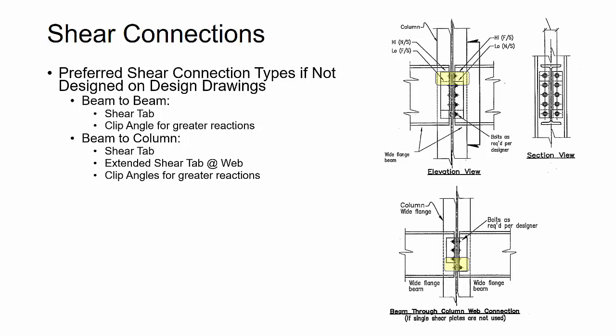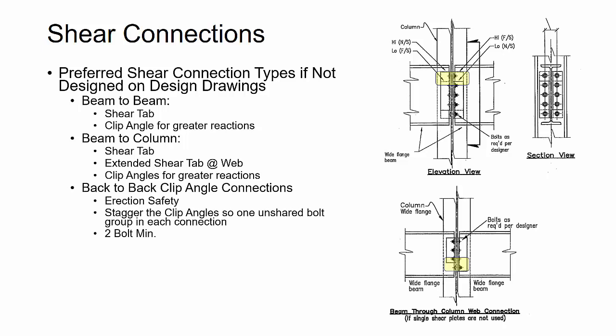For beam to column webs, you want the shear plate to extend past the toes of the flange, so you don't have to erect anything on the inside of the web of the column. Again, that's an erector preference; it makes it easier to erect if everything is outside, away from the flanges, and you're not having to lower the beams into the column web and between the toes of the flange.